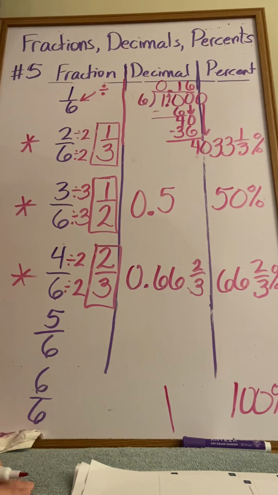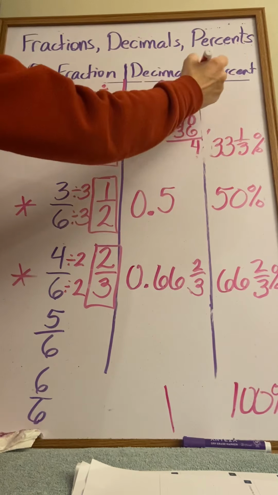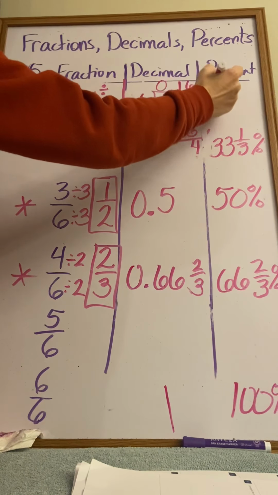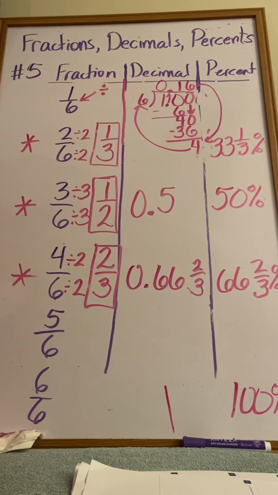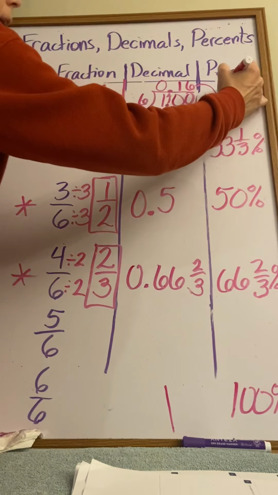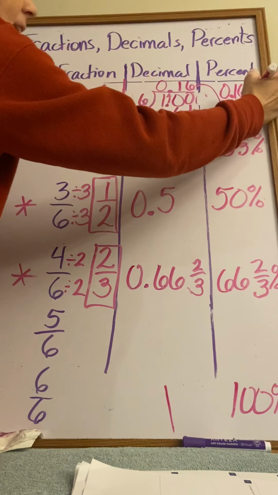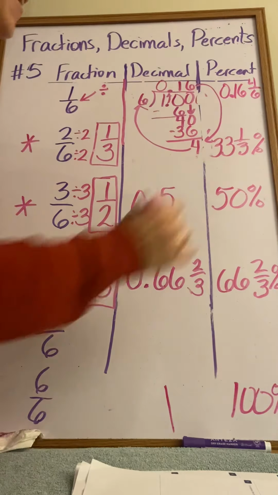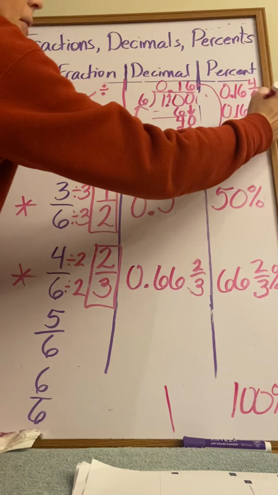But here's what we're going to do. We're going to erase this, and we're going to take 2 digits, and we're going to start at the top, and we're going to read it like a clock. And so that's going to be, goodness, I wish I had more room. 0.16 and 4/6. But that can be simplified to 0.16 and 2/3.